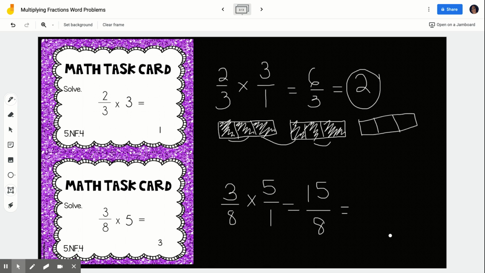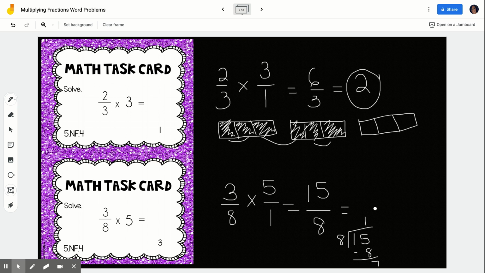It is improper, so we need to convert it. Remember, fractions are division, so this is like saying 15 divided by 8. I'll write this down here so that you can see exactly what I'm doing. 15 divided by 8. I can make one group with 7 pieces left over.